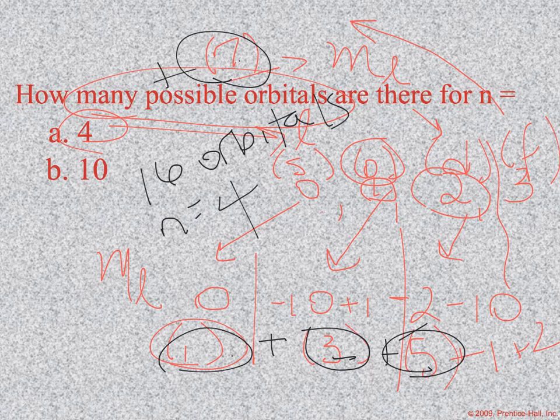Okay, here's the big reveal. What is the relationship between energy level and number of orbitals? What's the relationship between 4 and 16? This is huge, guys. This is going to save you at least 5 minutes on a question like this on the test. I'm going to open up a new page to show you.